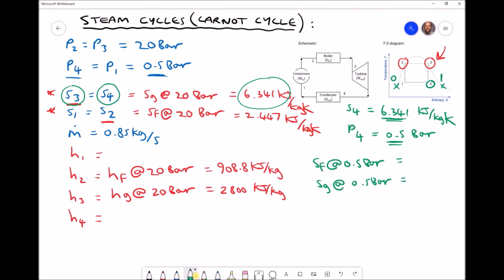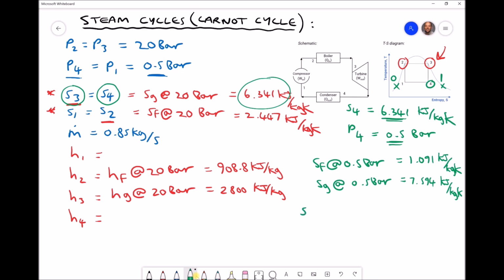Okay, so we have an SF value of 1.091 kilojoules per kilogram Kelvin, and we have an SG value of 7.594 kilojoules per kilogram Kelvin. So we have a couple of formulas that link our entropies and our enthalpies to the values for the wet saturated vapour and the dry saturated vapour.